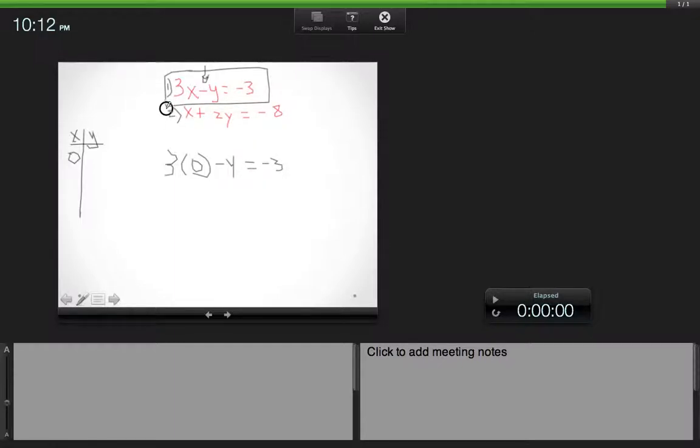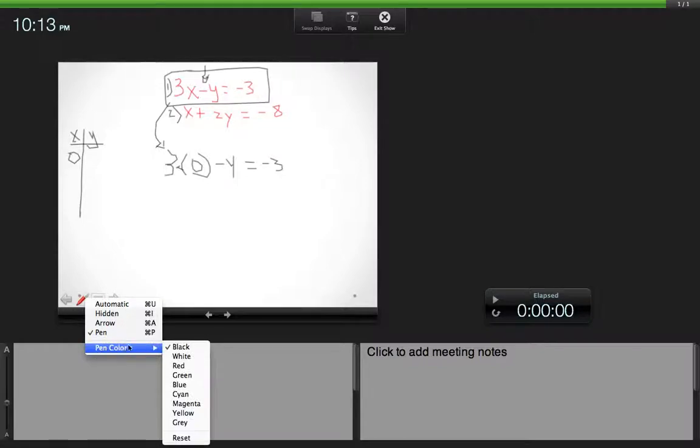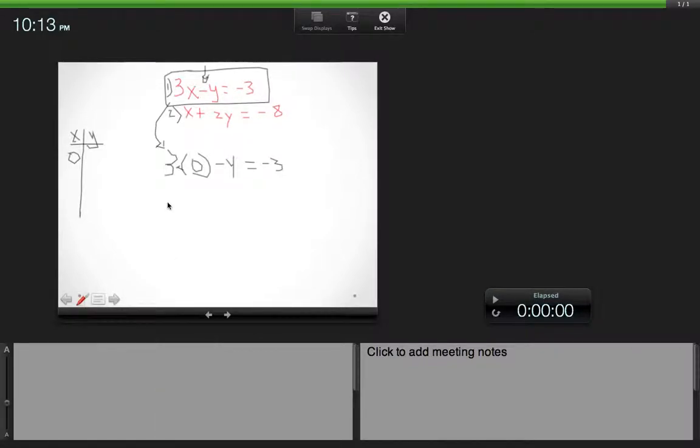So I just took this first equation and plugged in 0 for x. So now I have 3 times 0 minus y equals negative 3. Well, anything times 0 is 0.